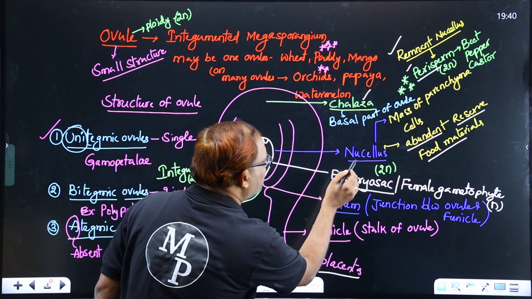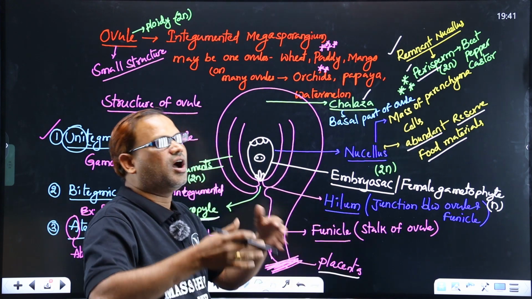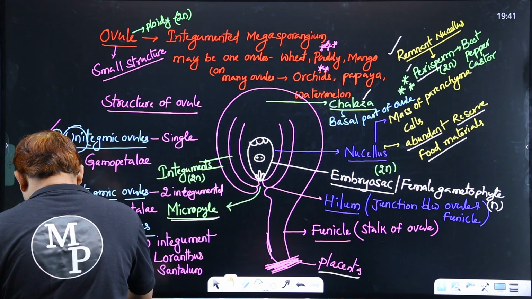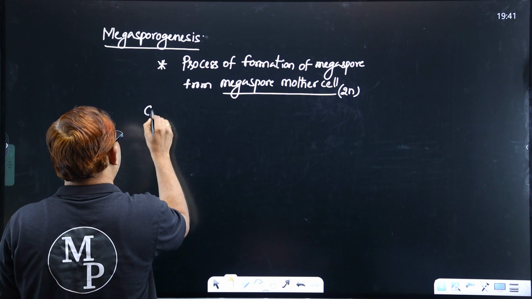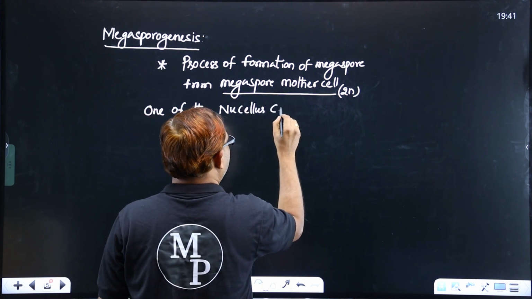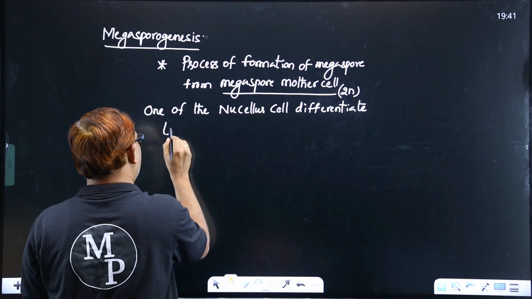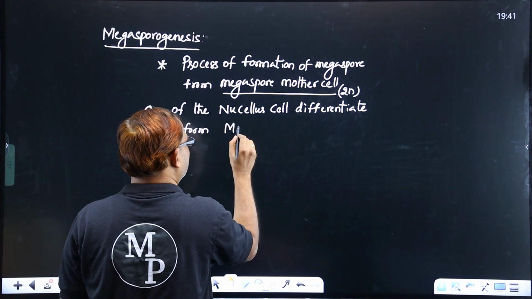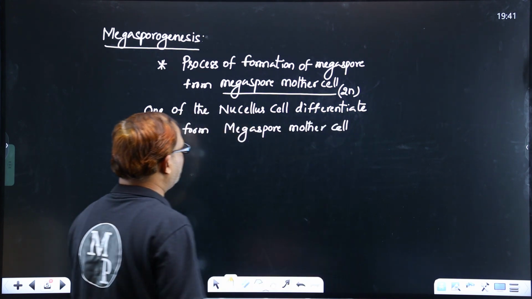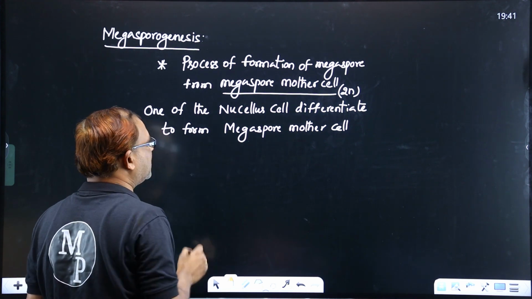One of the nucellus cells undergoes differentiation, meaning it loses its division capacity, to form the megaspore mother cell. That is important.